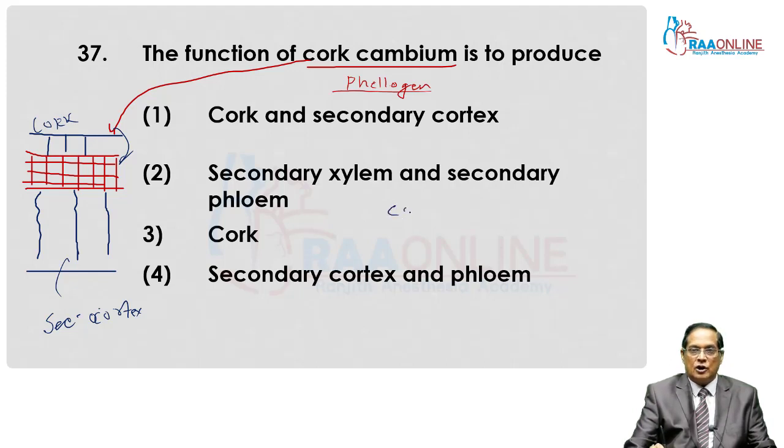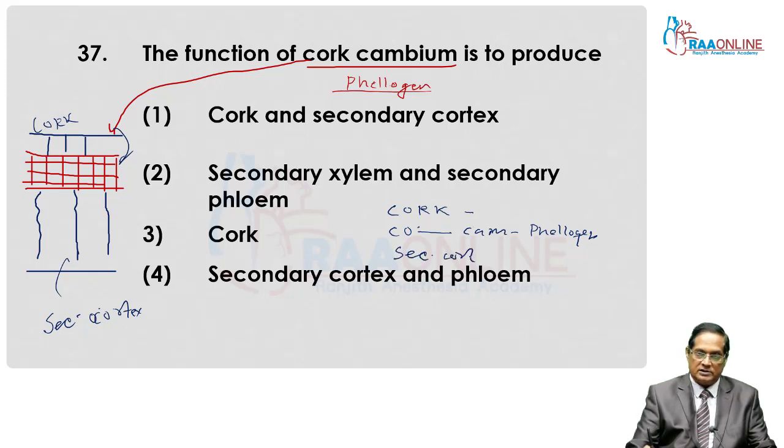First, cork is called phellem. Then cork cambium is known as phellogen. Then secondary cortex is known as phelloderm.